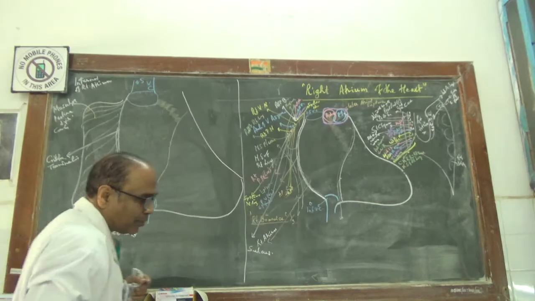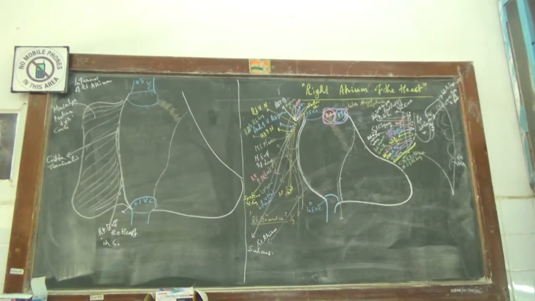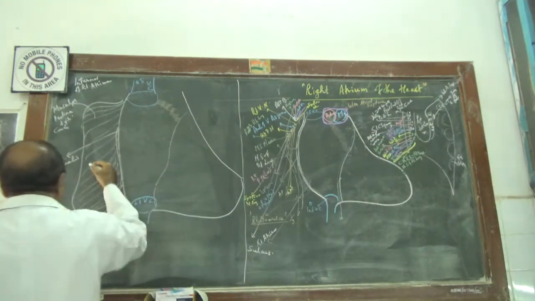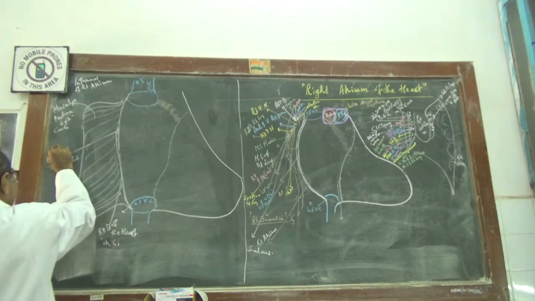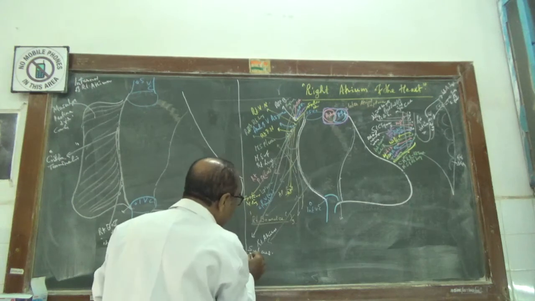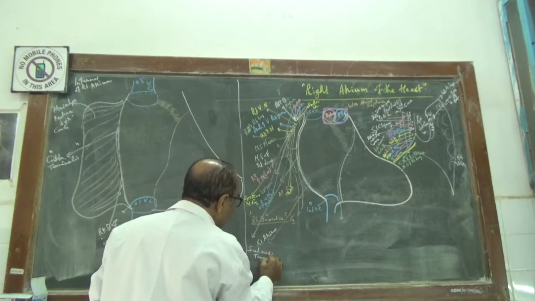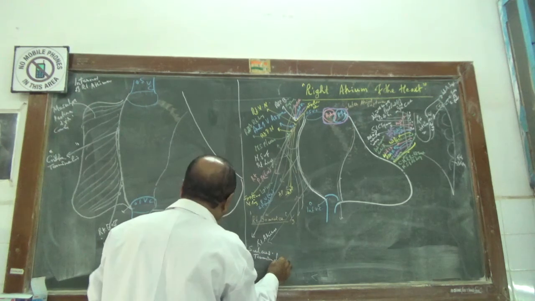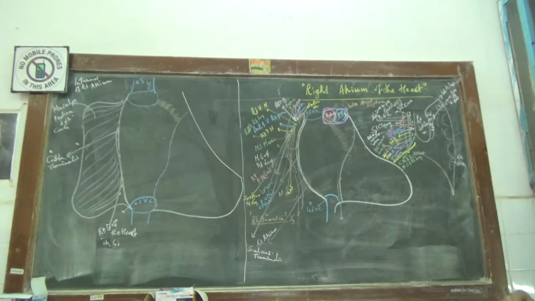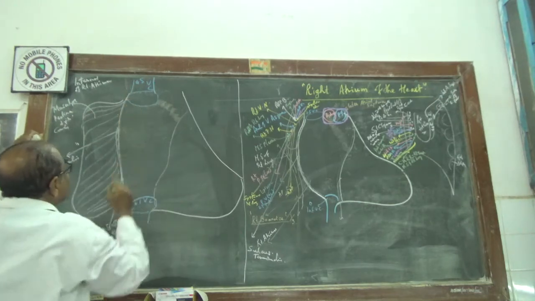So the muscular pectinate muscles begin from the crista terminalis, which is externally related to the sulcus terminalis. The sulcus terminalis is internally related to the crista terminalis. That's all.